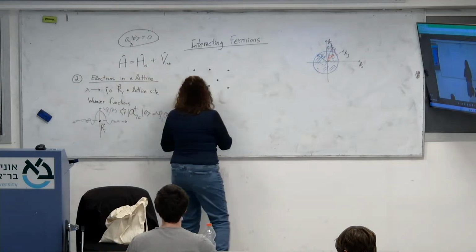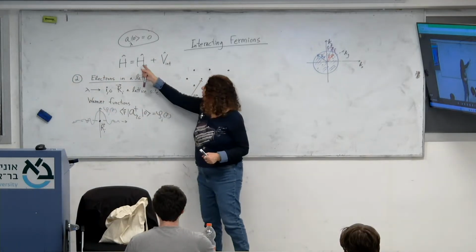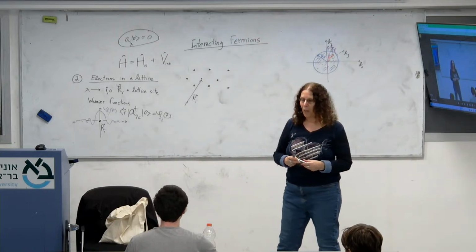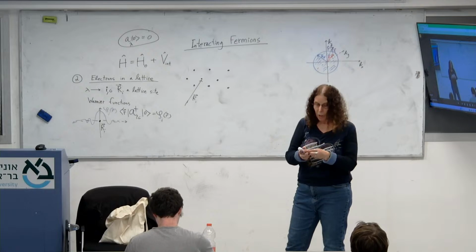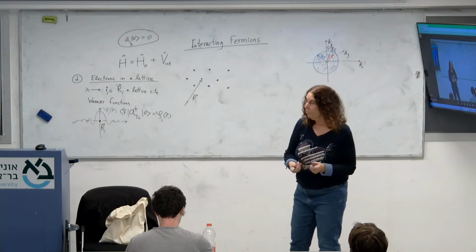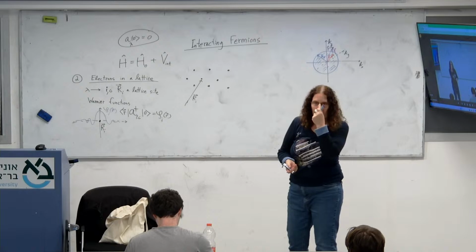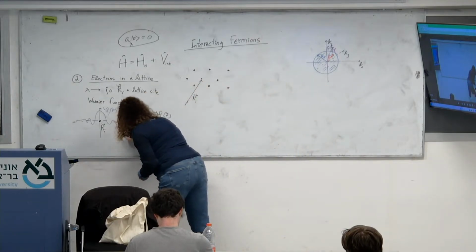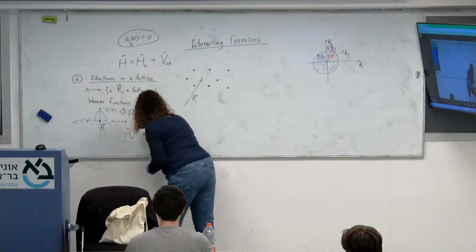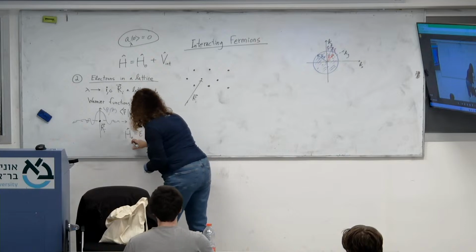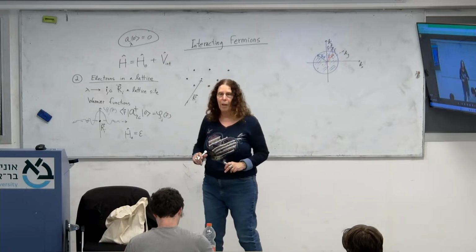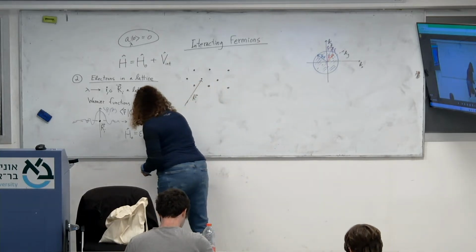Now we can write the single-body Hamiltonian in this basis. And what is its generic form? You remember how it looks? This is the so-called tight binding model. So H naught is, actually, usually it's a sum over bands, but let's assume that we have just one band, for simplification.